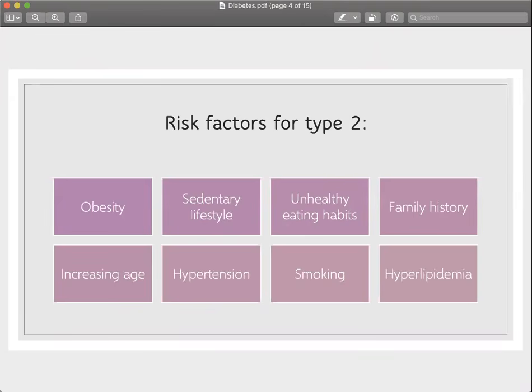Well, for the most part, the majority of these are modifiable, right? And that's huge. It means we can help our patients mitigate their risk for diabetes and reduce their diabetes progression just by making healthy lifestyle changes. How wonderful would it be if all major illnesses were able to be modified and managed in the way that type 2 diabetes is?